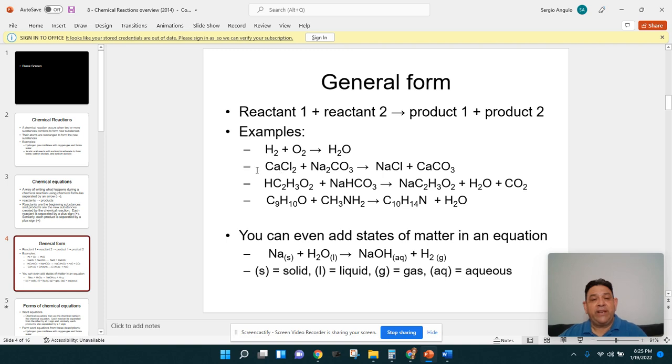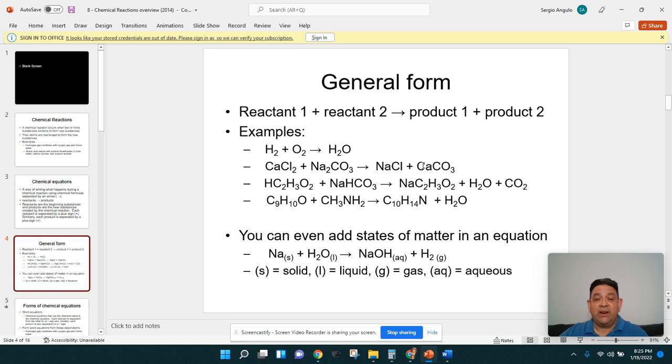The second one right here is calcium chloride, and it's reacting with sodium carbonate. I can tell that there are two reactants because they're on the left of the arrow, and they're separated by the plus sign. So these two things are the reactants, calcium chloride and sodium carbonate, and they go on to form two products, sodium chloride and calcium carbonate.